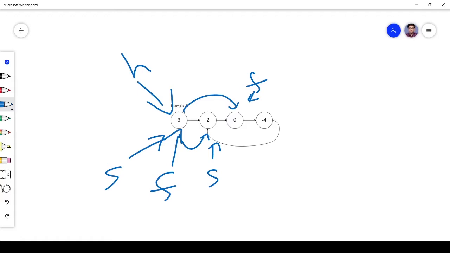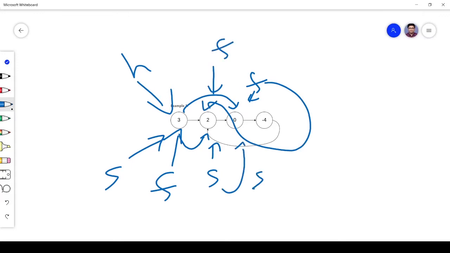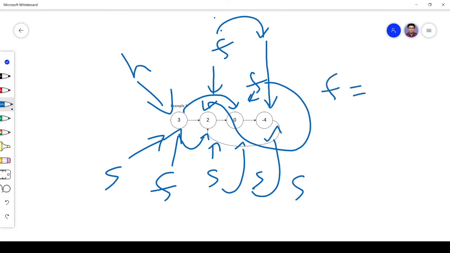But if you see, the tail is connected to the second node of the linked list, as given in the question. Now we again iterate S by 1 and F by 2. You see both the pointers S and F are pointing to the same node. That means there is a cycle in the linked list. This proves that there is a cycle if the fast pointer and slow pointer meet at the same node.